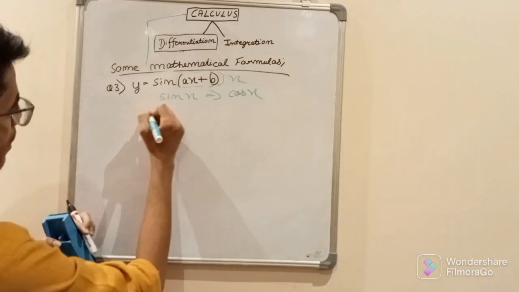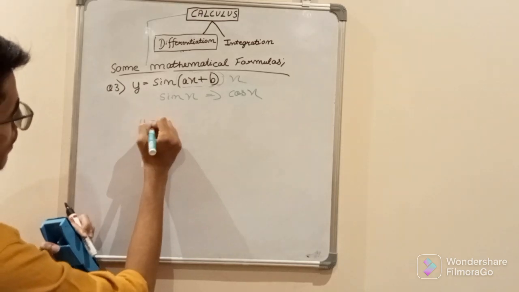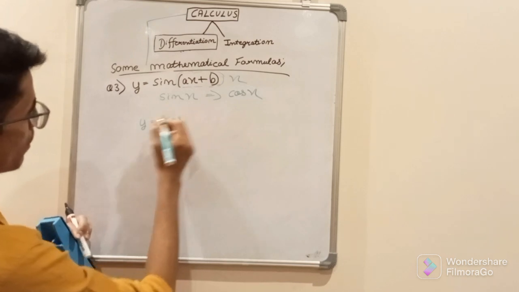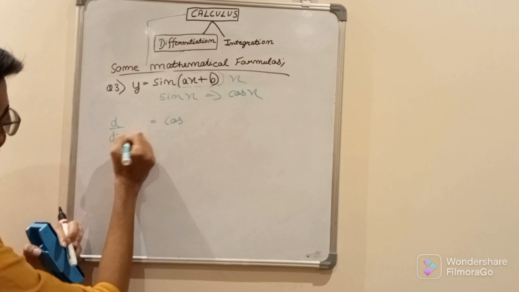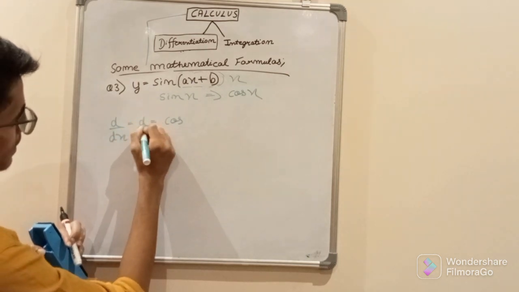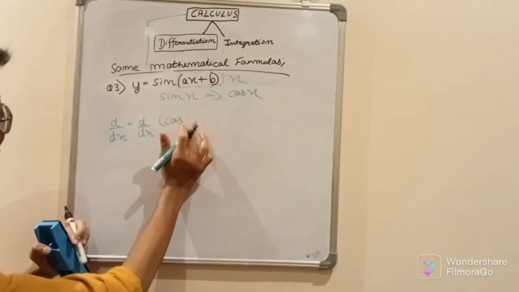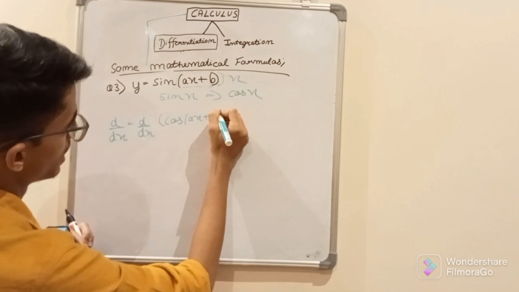But we have to prove it over here, that is dy by dx is equal to d upon dx, and here we have cos ax plus b.